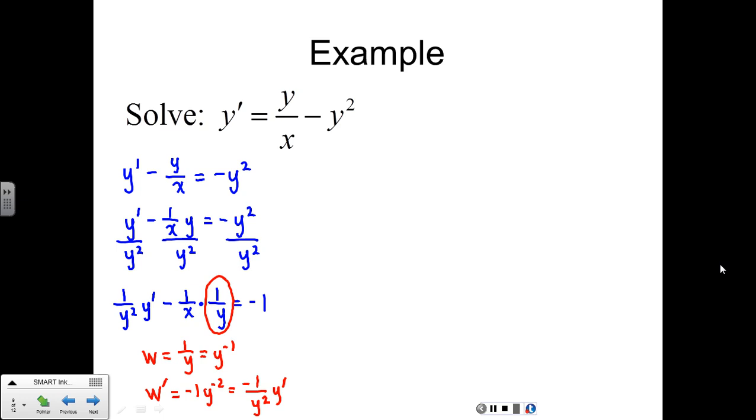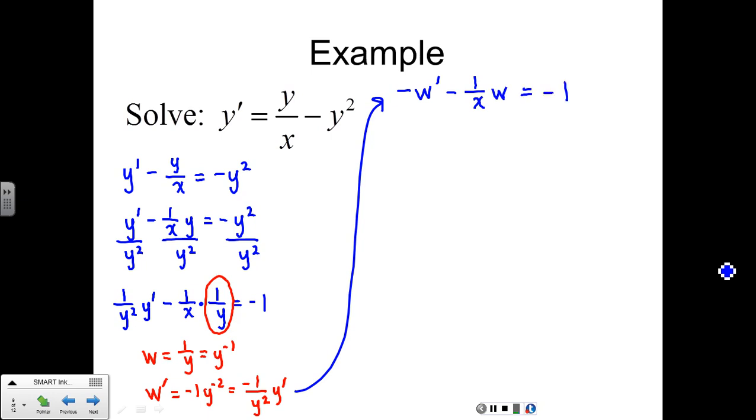So we're going to rewrite the equation with w's: negative w prime minus 1 over x times w equal to negative 1.